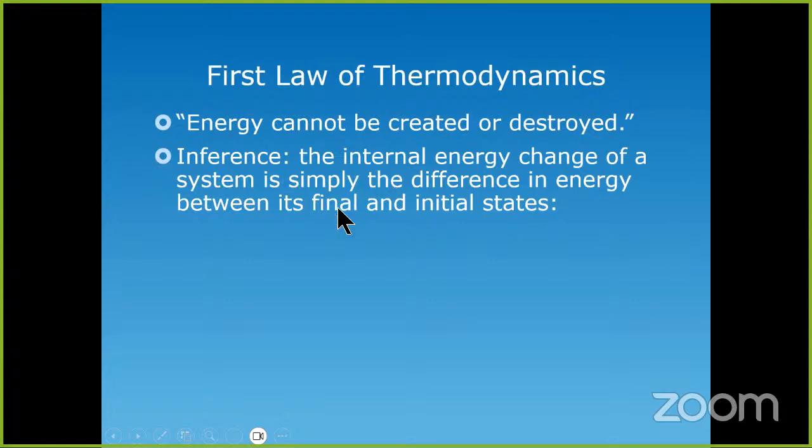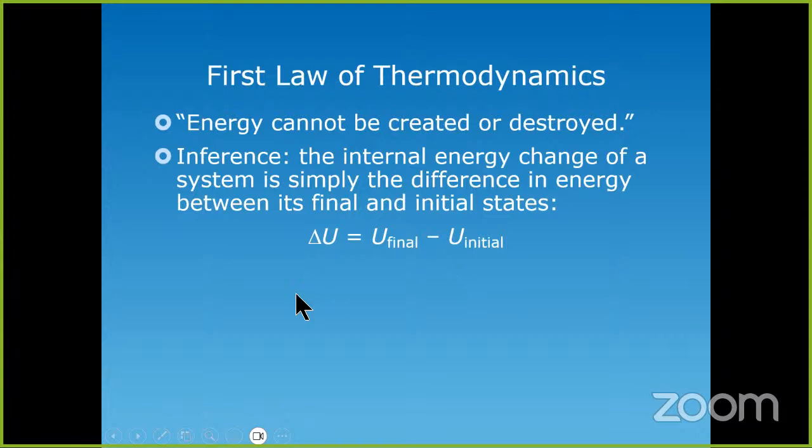And I should add, in any physical or chemical reaction. So the inference that we can draw from this law is that the internal energy change of a system is simply the difference in energy between its final and initial states. In other words, the change in internal energy is equal to the final internal energy value minus the initial internal energy value, all right? That's what we can conclude from the first law.